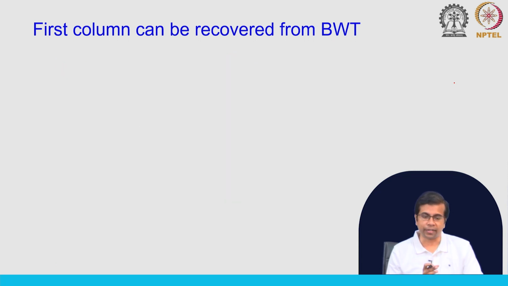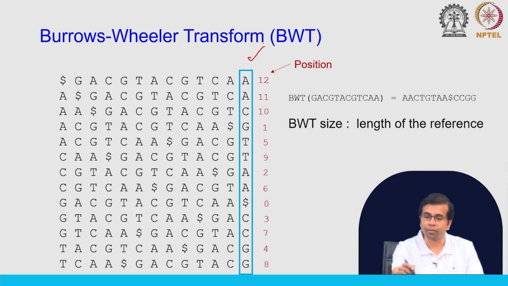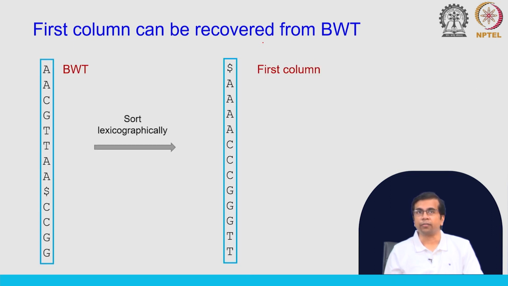If you just simply store this column in the memory or in a file, because once you have generated this BWT for a reference sequence or reference genome, you can store it, and every time you have to do mapping, you can simply load that information into memory. And if you store this BWT, you can generate the first column, because the first column is lexicographically sorted.